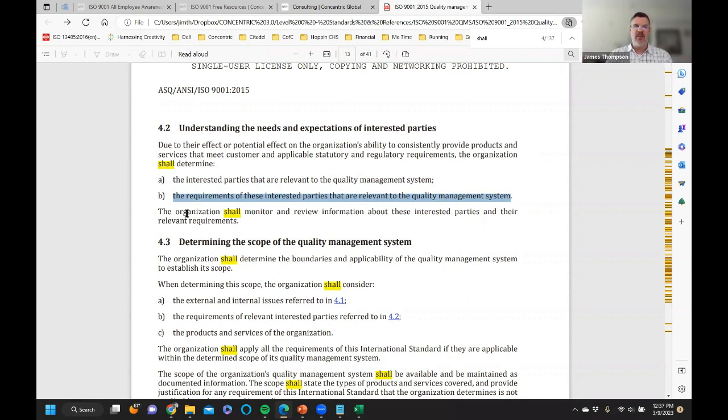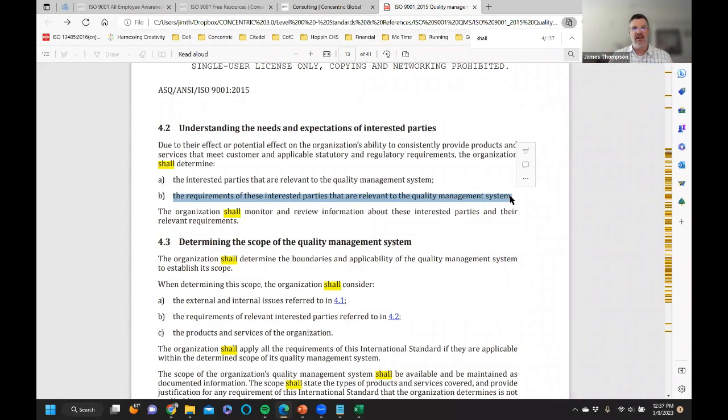For example, an interested party might be an employee and the employee's family, and requirements of those interested parties might be safety and getting paid on time. That fits within who the interested party is, which is 4.2a, and what requirements are relevant to the quality management system. Now, you might have an interested party, say employees, but something outside the scope of the QMS would be, let's say, arguing about the number of vacation days they get.